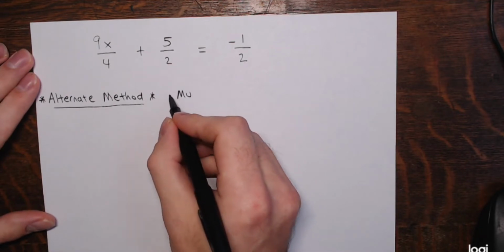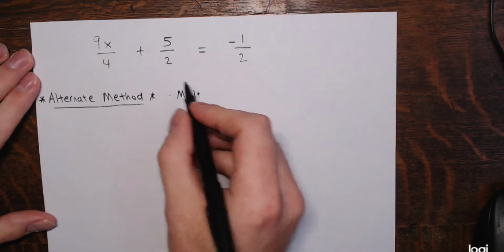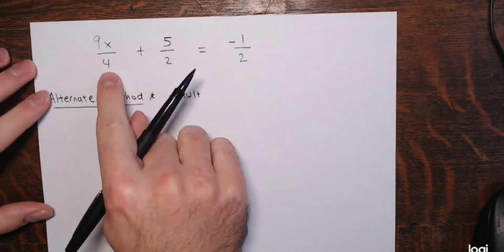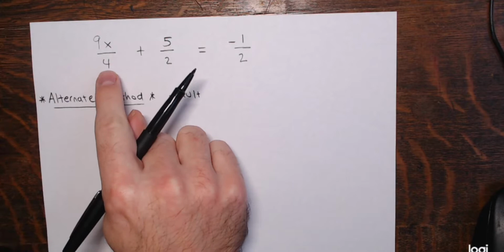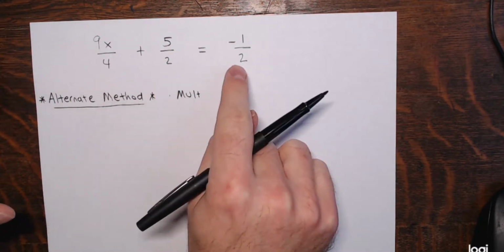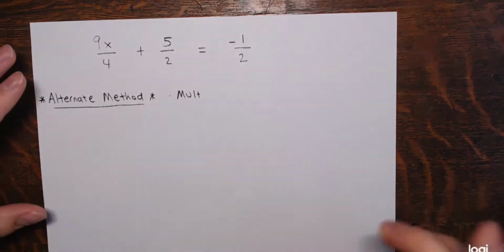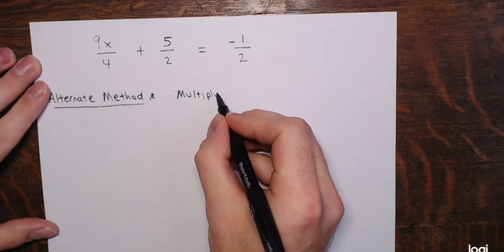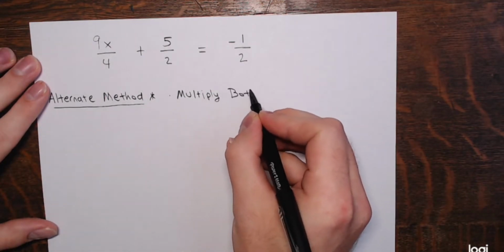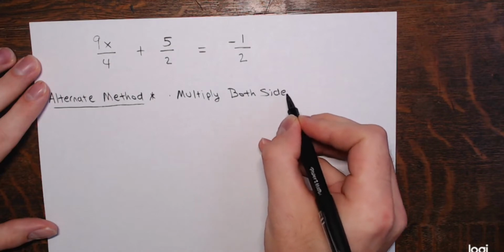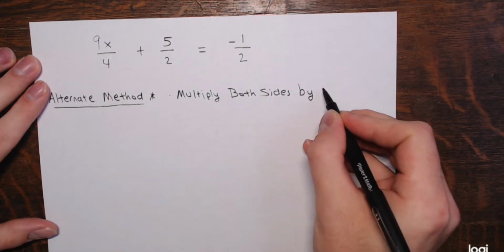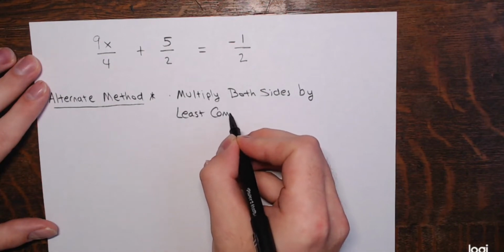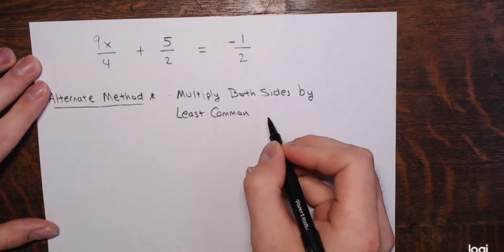First, multiply both sides by the least common multiple of the denominators, or the least common denominator, the LCD. You may have seen this. Multiply both sides by the least common denominator, or the least common multiple of the denominators.